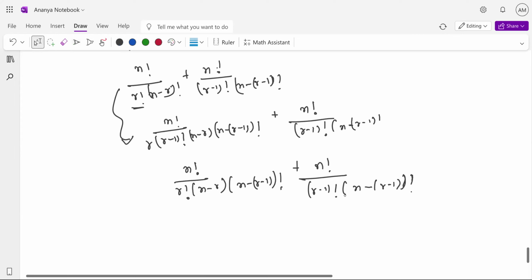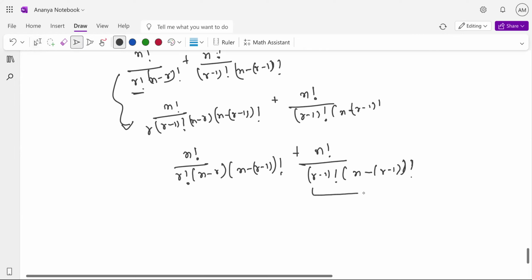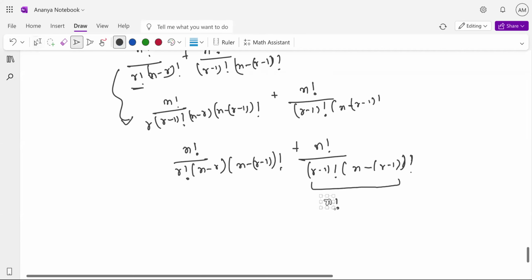Now, if you see, what is this term? This term goes as n factorial divided by r minus 1 factorial, n minus r factorial, isn't it? Now, what I need? I wanted to make the whole thing into this.